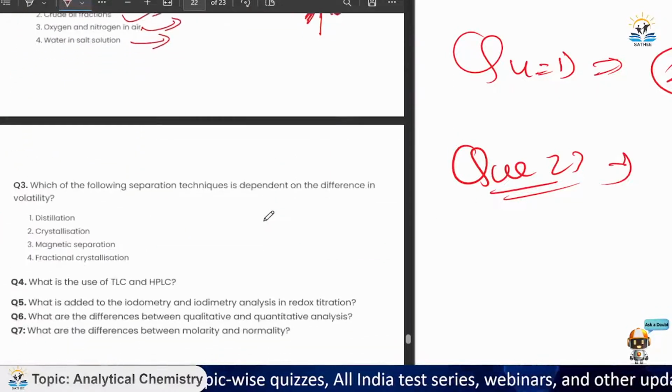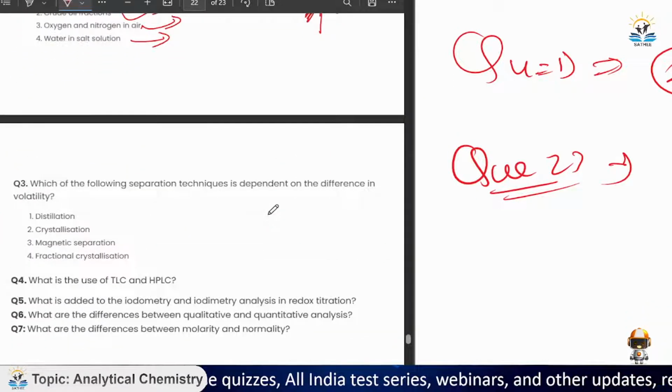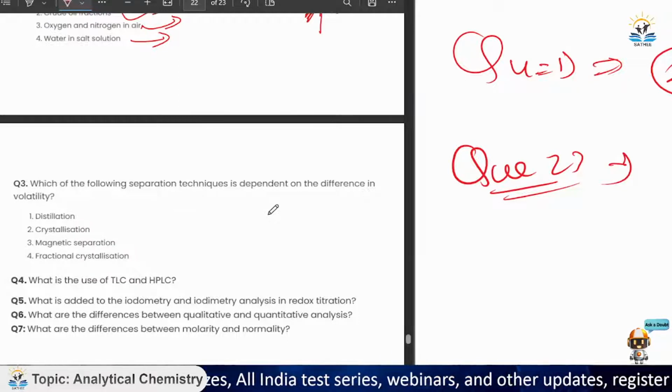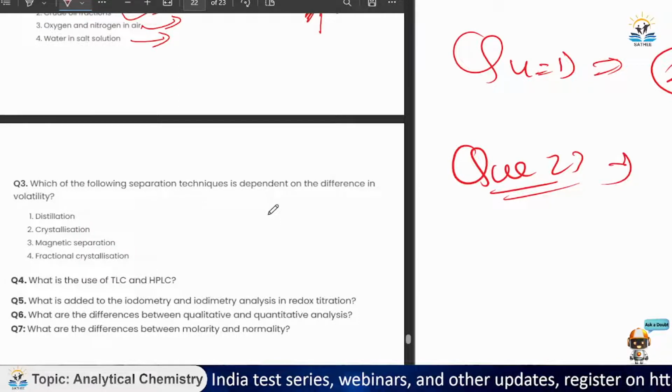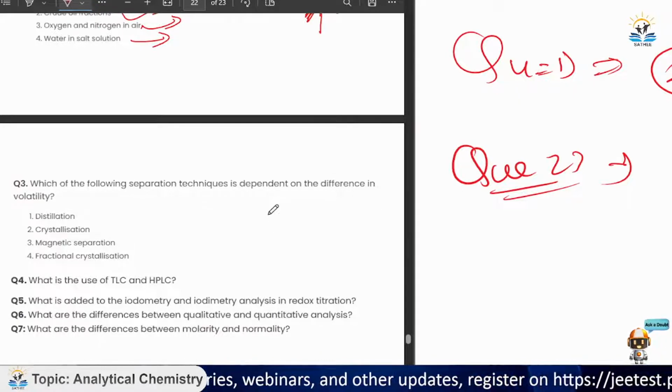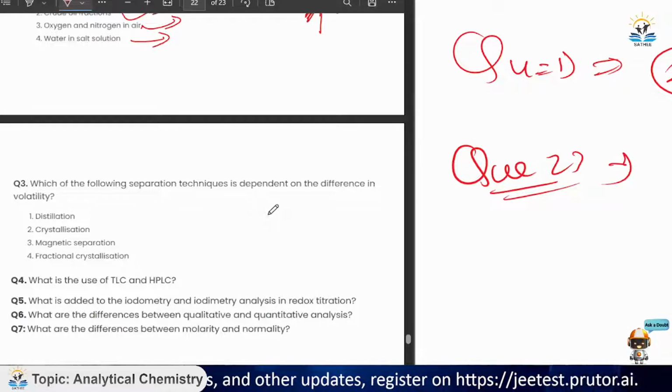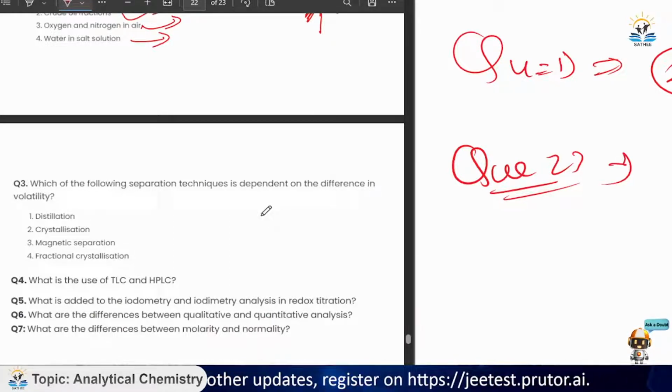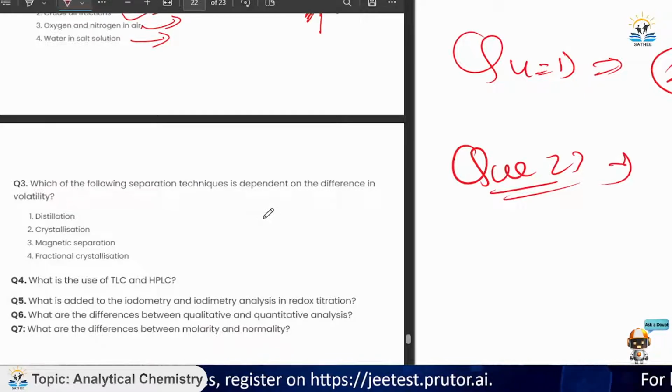Now moving on to question number 3. Which of the following separation techniques is dependent on the difference in volatility? You all know what volatility is. The first one is distillation, second is crystallization, third is magnetic separation, and fourth is fractional distillation. So which of these is dependent on the difference in volatility?